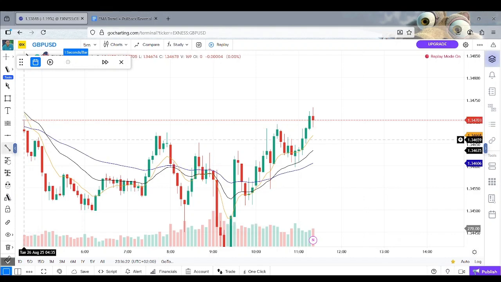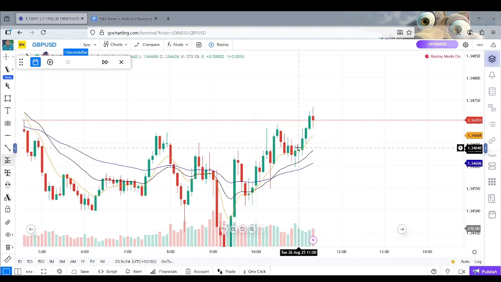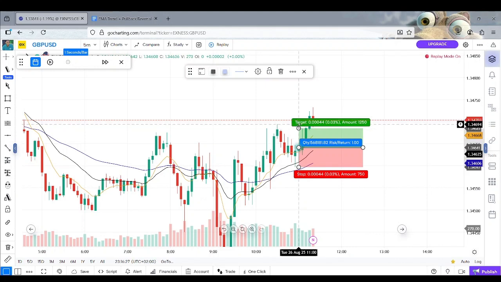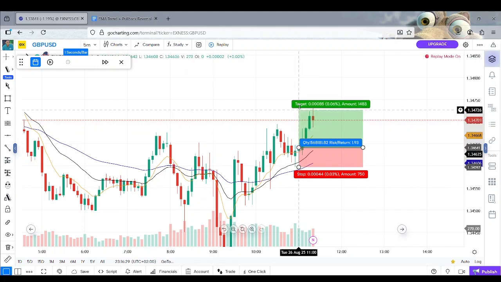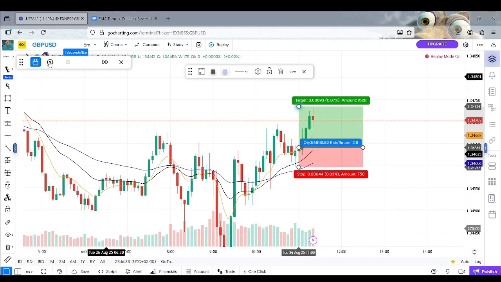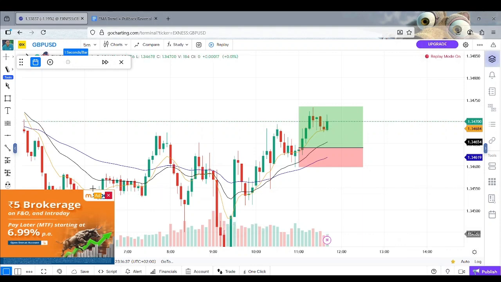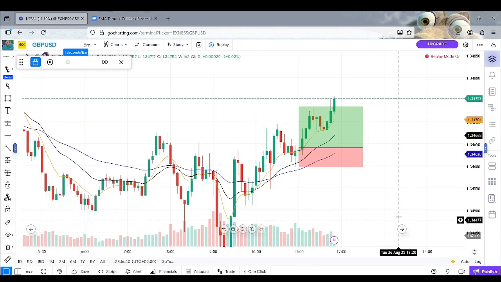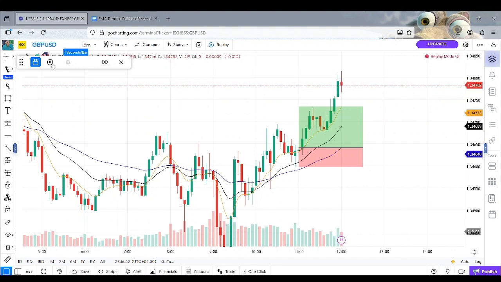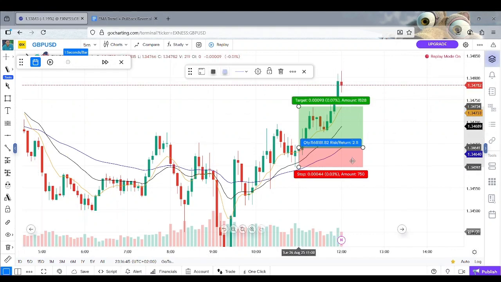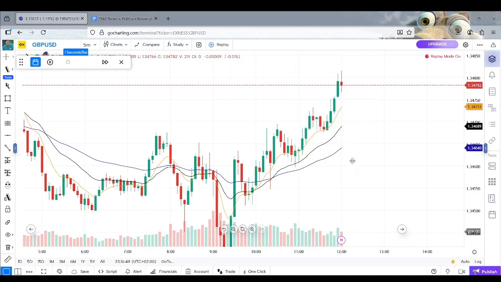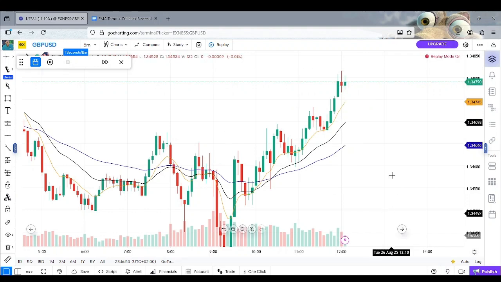So let's see if it did ever pull back to tag me in. 2.11. Yeah, I'll cheat on this one. I'll take it. It's another trade won. So keep going.